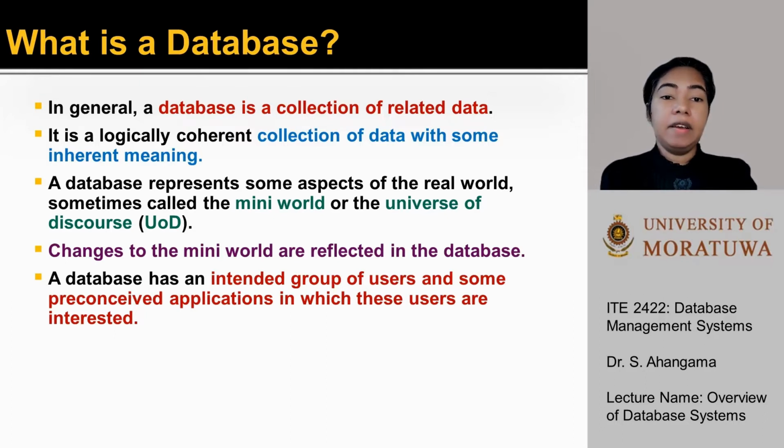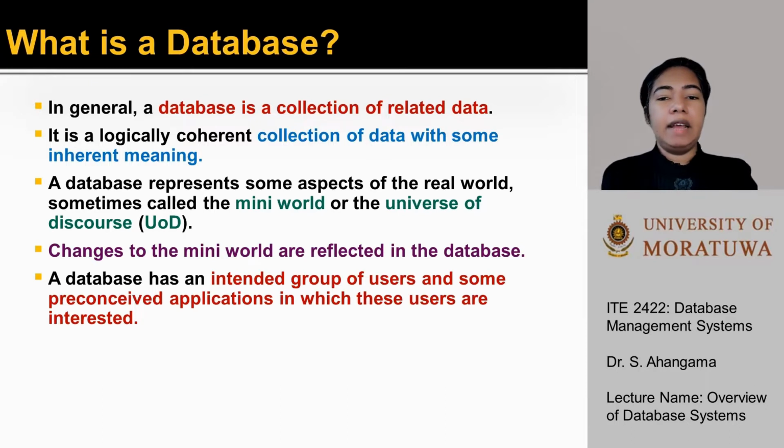A database represents some aspects of the real world, sometimes called the mini world or the universe of discourse. Changes to the mini world are reflected in the database. It is important to note that a database is designed, built, and populated with data for a specific purpose.